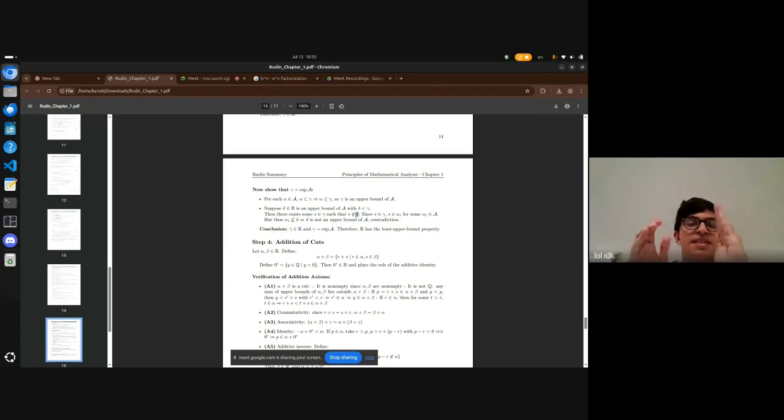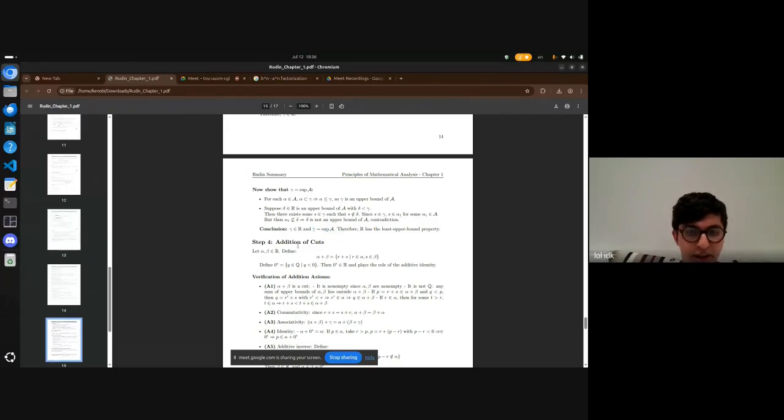There's something in between: s is not in delta, but it's in gamma. If it's in gamma, that means it's in one of the A1s, part of some cut in the set. But delta is an upper bound of all these cuts, so that doesn't make sense. It's a contradiction. So gamma is the supremum of A.